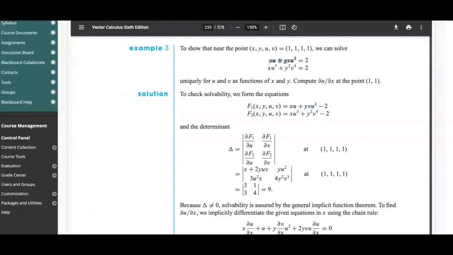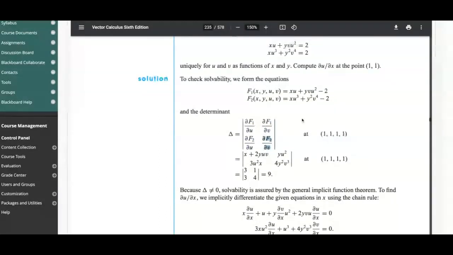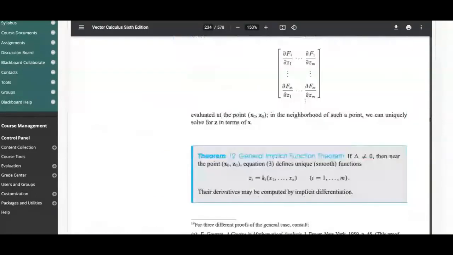We just remember f1 equals 0, f2, up to fm equals 0. So we just move 2 to the other side. So we make this xu plus yv u squared minus 2 equals 0. Similarly for f2, for the second equation. And then we calculate the determinant: partial f1 partial u, partial f1 partial v, partial f2 partial u, partial f2 partial v. Right, in the formula just use z, those z's, z1 up to zm.